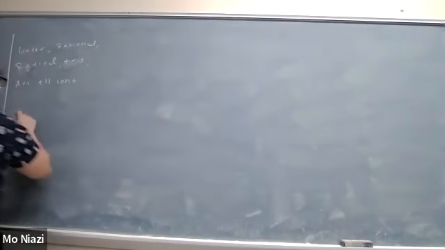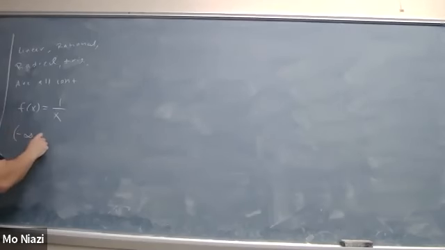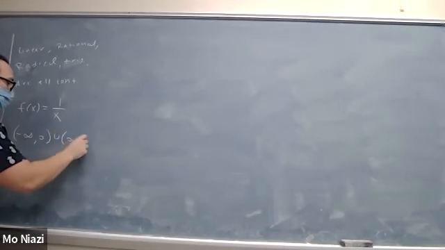For example, this function 1 over x, is this function continuous? It is. No, not at zero. Not at 0. But what if we said the domain of this function, let's restrict the domain to this.